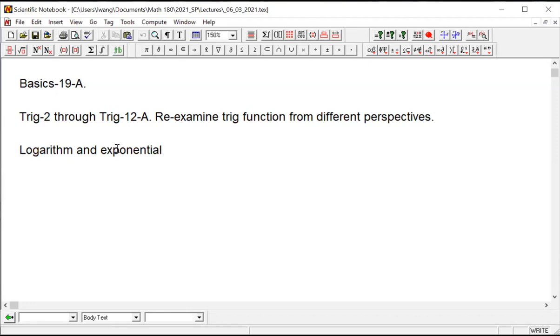And once again, we already did logarithm and exponential. It's just a revisit of those functions, those curves, right? Those points, we plotted those points, right? Domain and range and inverse functions and so on and so forth.